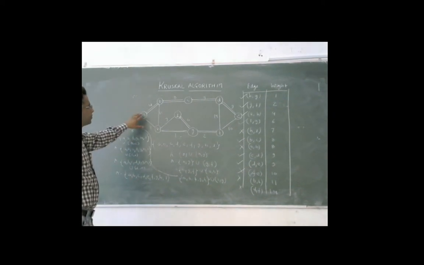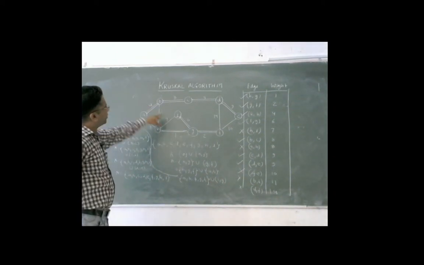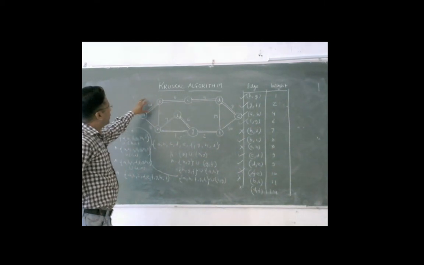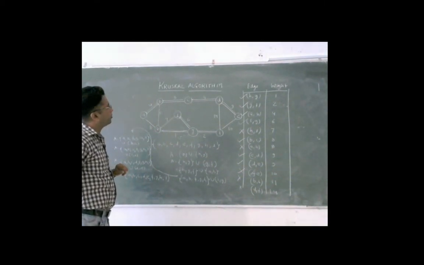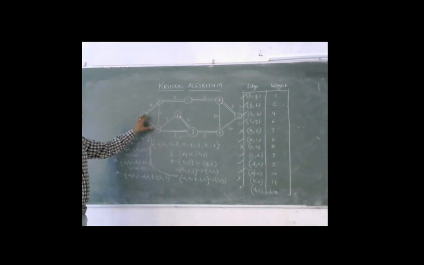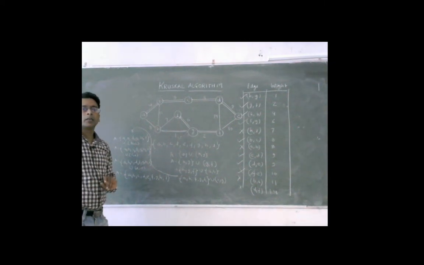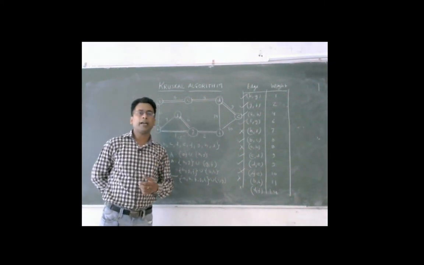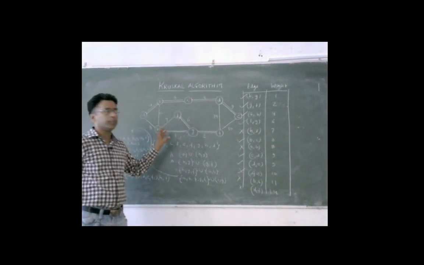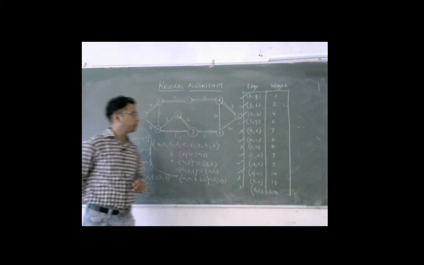So here we have added 1, 2, then 4, and after that this one. So this is the minimum spanning tree with the help of which we get all the vertices, and we get the final result in which all the vertices are covered.